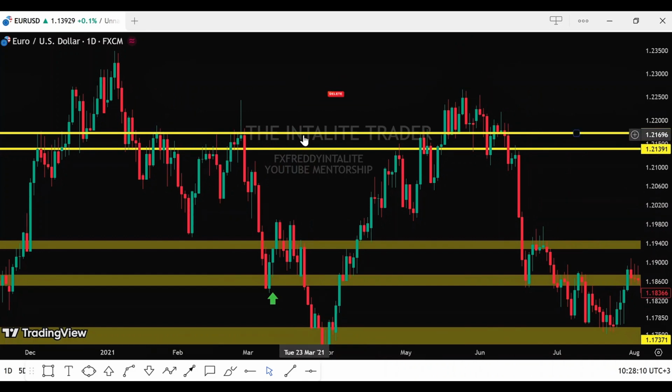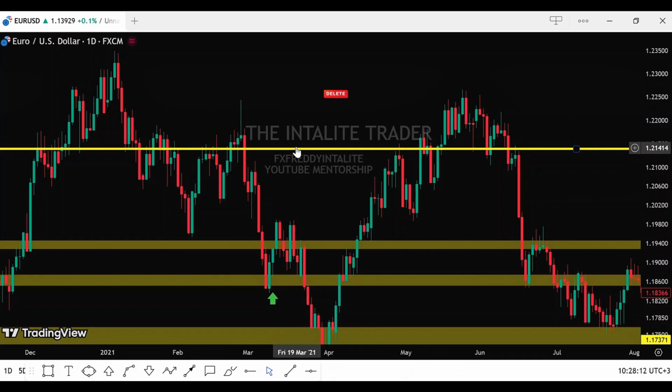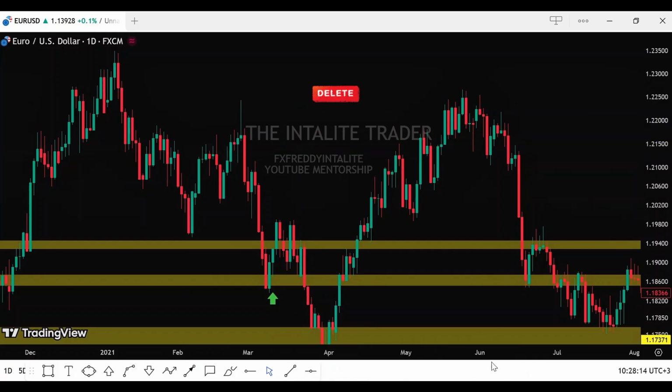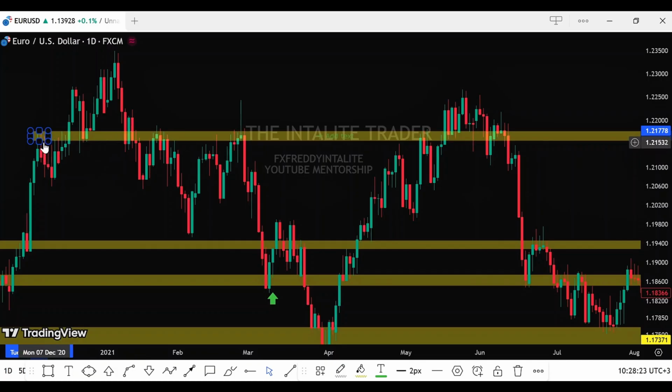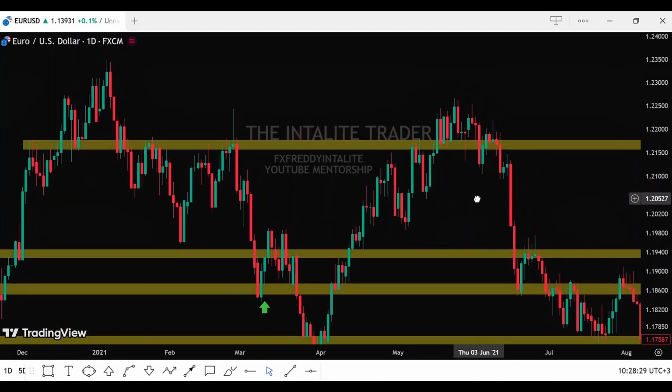But this leads to analysis paralysis, as it is going to darken your chart. So what you do, you delete that and draw one zone. See, price respected it, respected it, respected it.